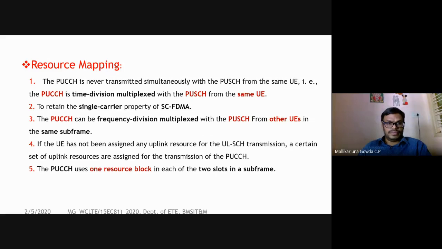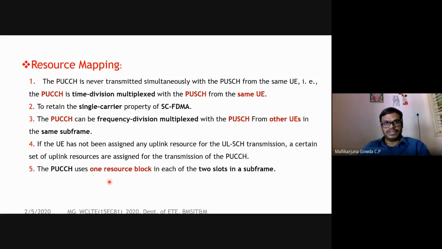So the physical uplink control channel uses one resource block in each of the two slots in a subframe. We are very well aware of this: one subframe has two slots, right? So it uses one resource block. I hope this is clear.